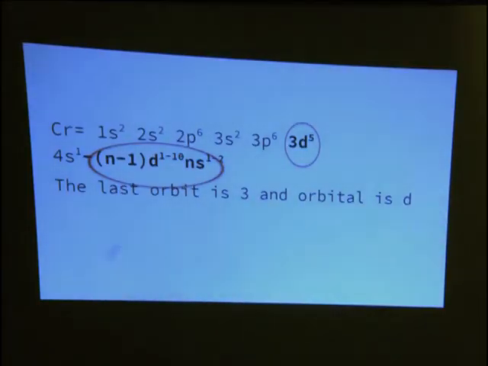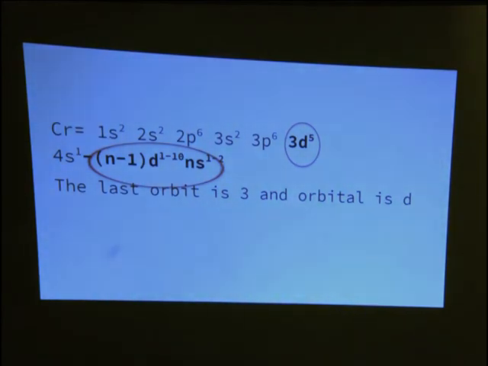Chromium here. For chromium, the last subshell is 3d⁵. Though there is 4s¹, for a d block element the last subshell will be 3d⁵, which corresponds to (n-1)d¹⁻¹⁰ ns¹⁻². This shell here we can call the penultimate shell.